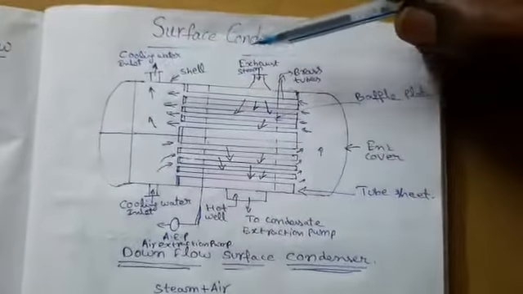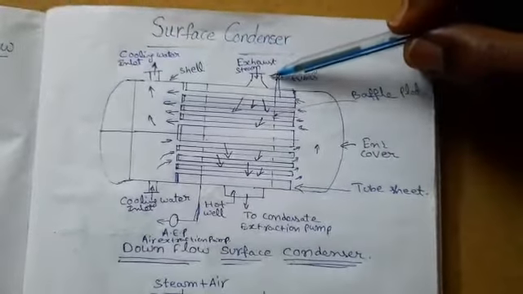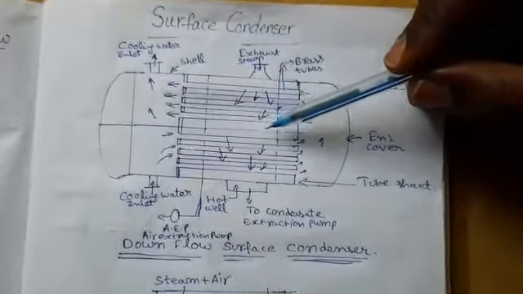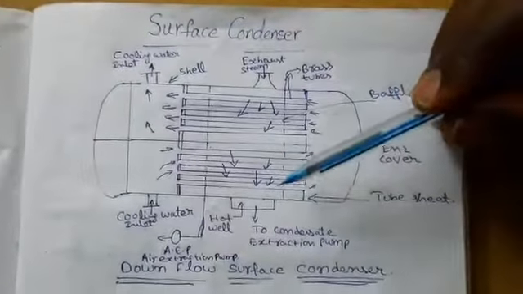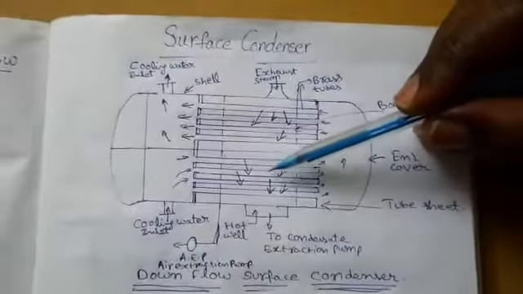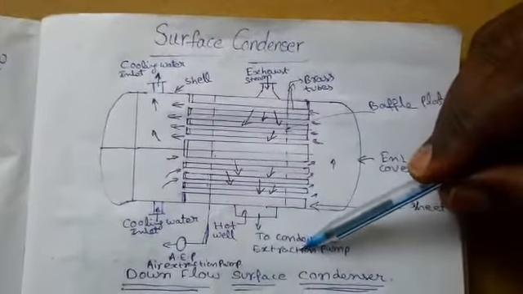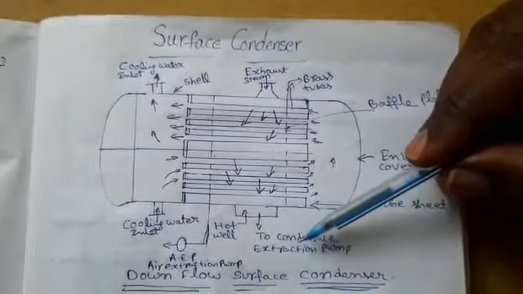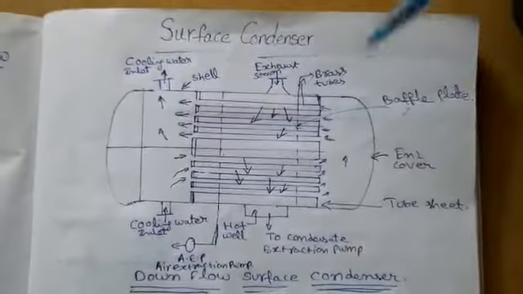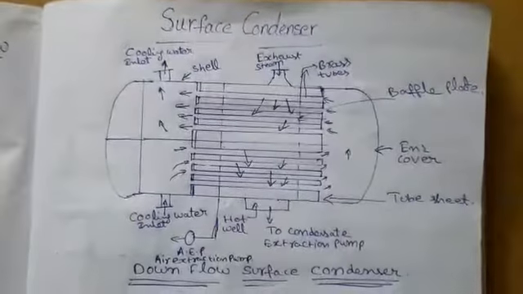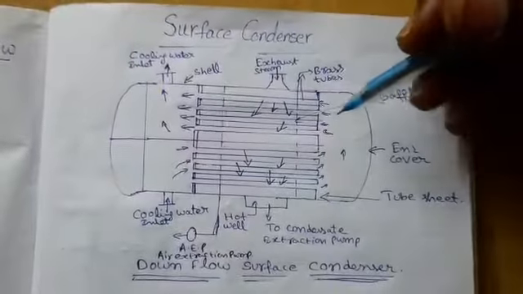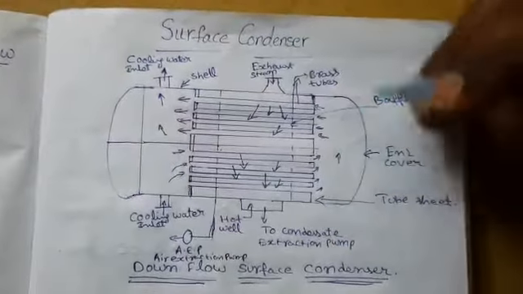The exhaust steam entering the shell from the top flows down over the tubes, gets condensed, and is finally removed by an extraction pump. Since steam flows at right angles to the direction of flow of water, it is also called a cross surface condenser.